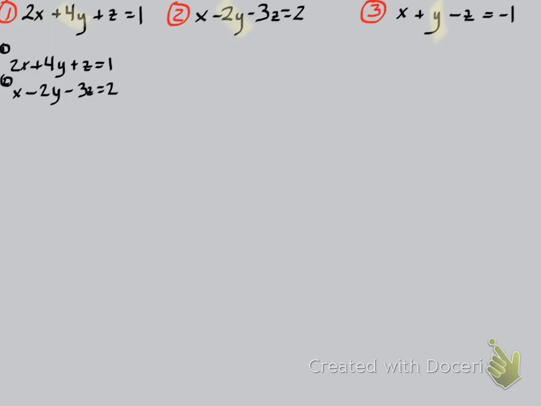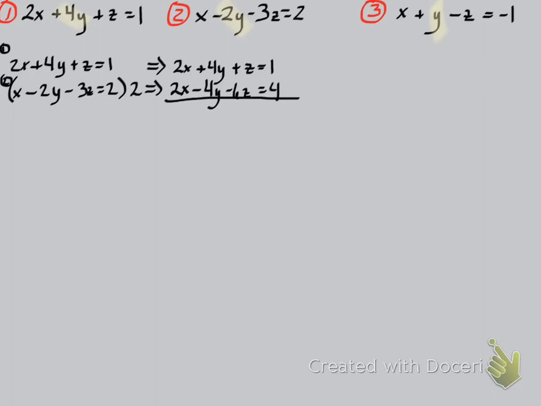And I said I wanted to get rid of the y, and so that means I need to multiply the second equation by 2 in order for me to have something that can cancel. And so that gives me 2x plus 4y plus z is equal to 1. And then when I multiply the second equation by 2, I get 2x minus 4y minus 6z is equal to 4.